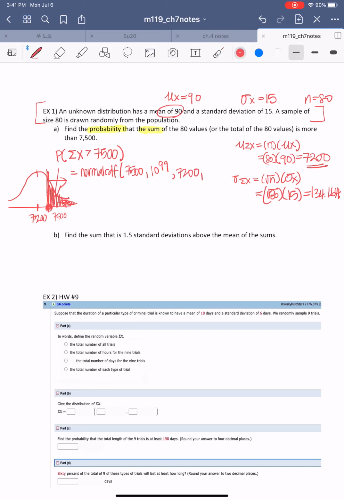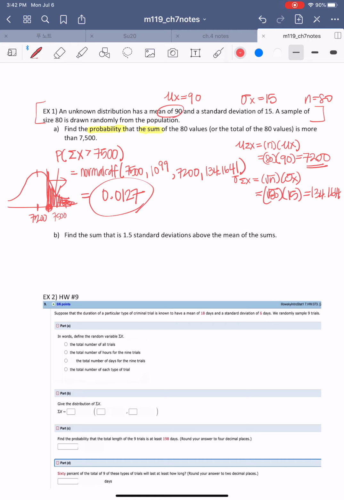Standard deviation is not 15 because it's not x. I'm looking for the sum, so I want to use 134.1641. I'm getting from the calculator 0.0127.